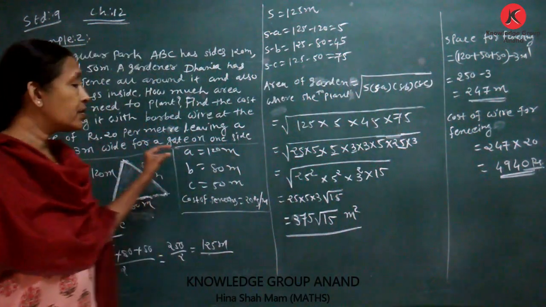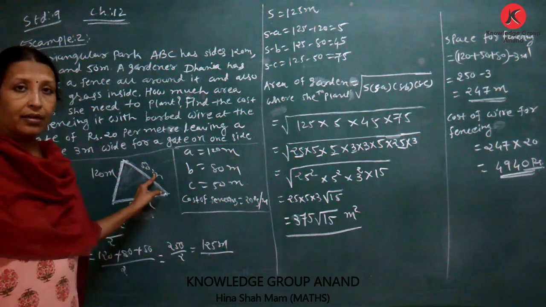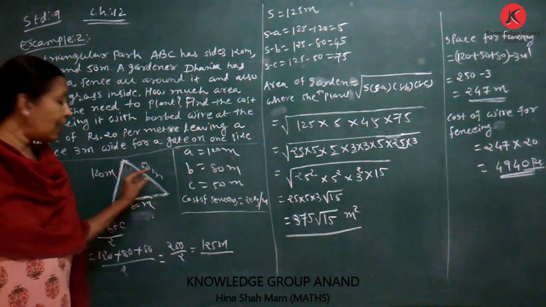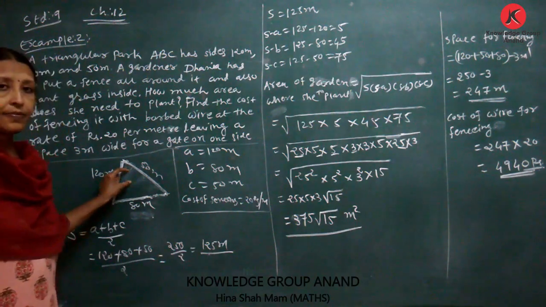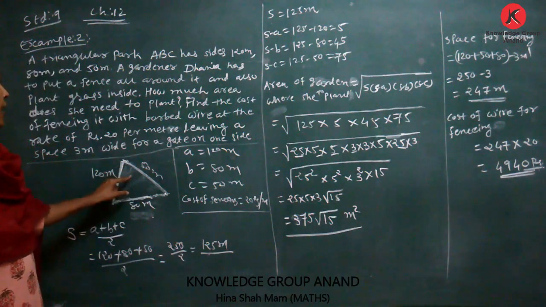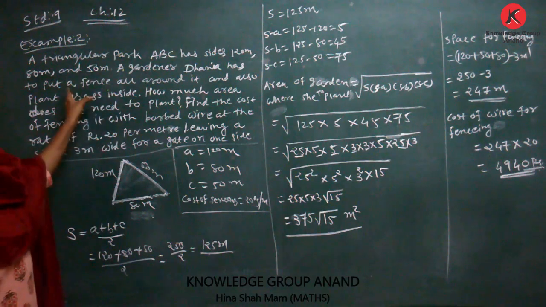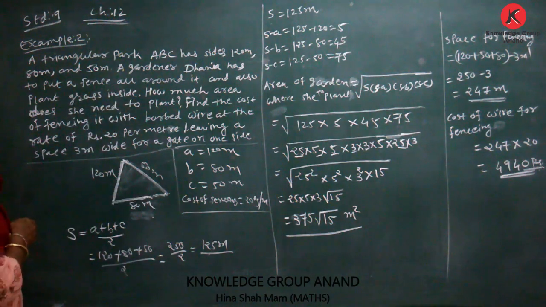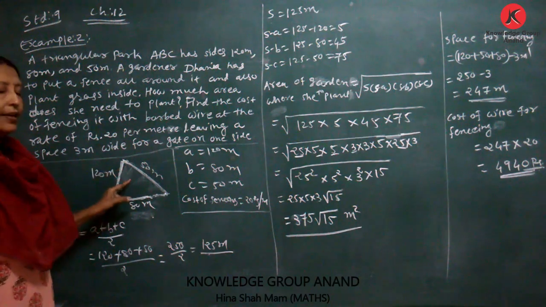Again, in this question, there is a triangular park with 3 sides given. We find the area to grow plants. Gardener Dhanya has to put a fence all around it and also plant grass inside.